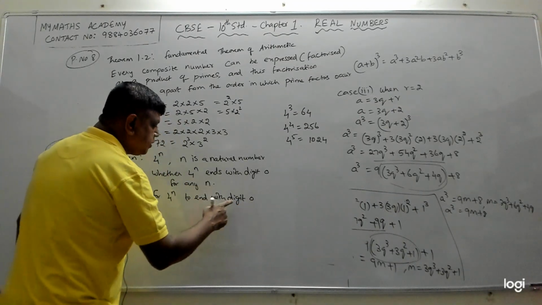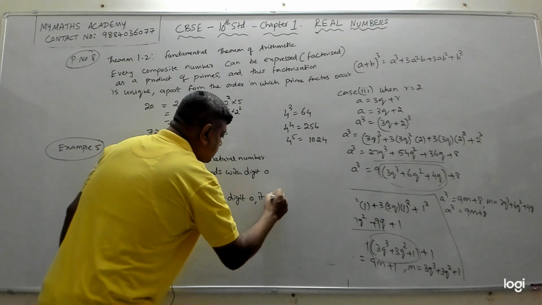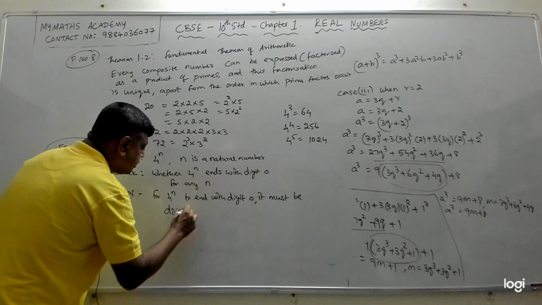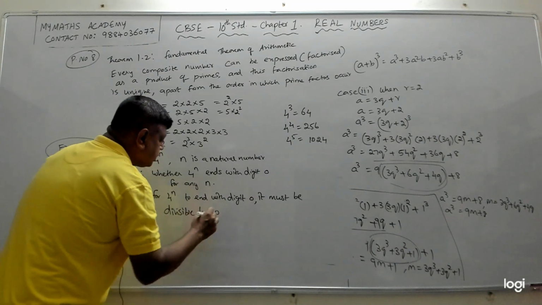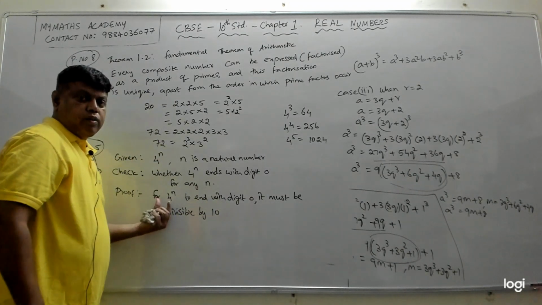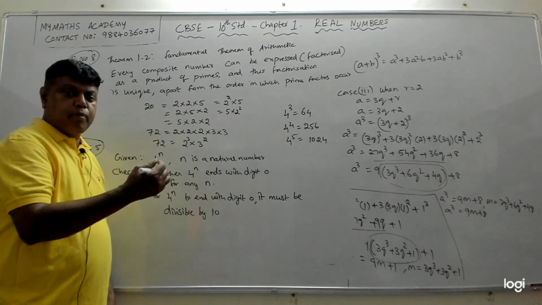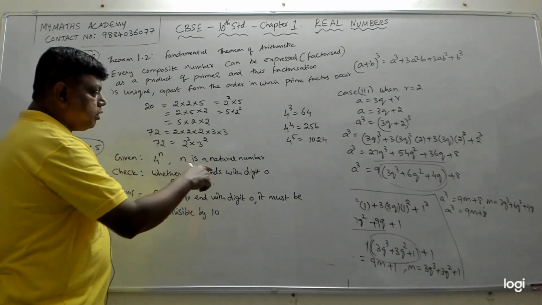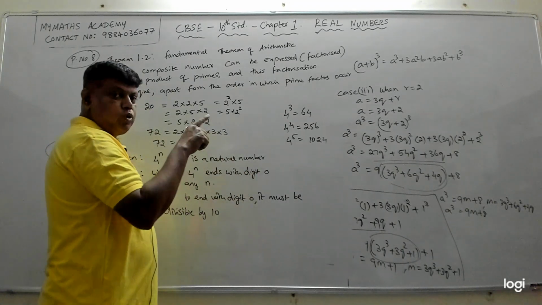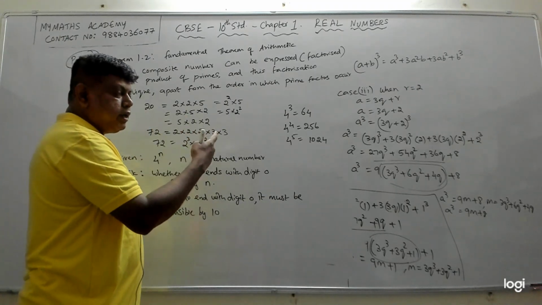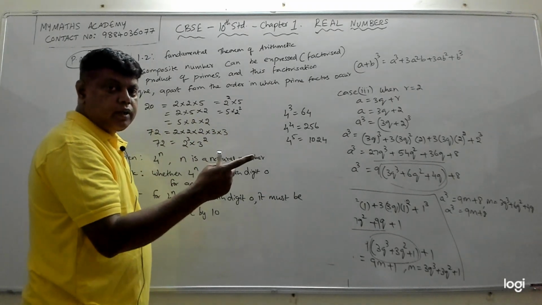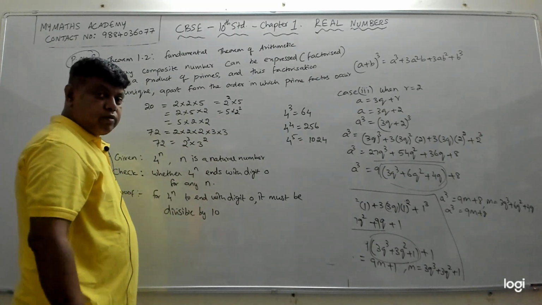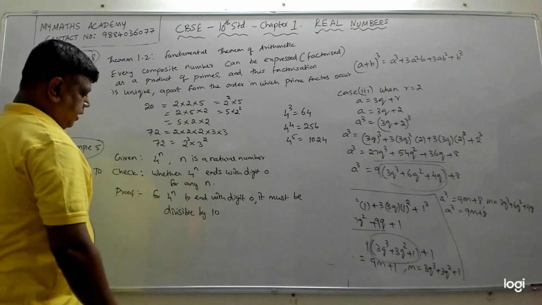For 4 power n to end with digit 0, it must be divisible by 10, because any number that ends with the digit 0 is divisible by 10. If you take 20, it is divisible by 10. Take 140, that is divisible by 10. Any number that is ending with 0 is divisible by 10. That is the divisibility test for the number 10.